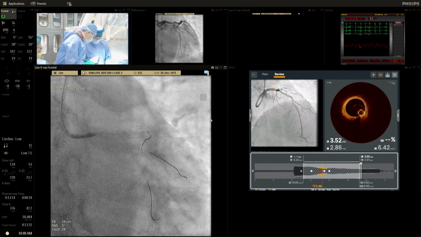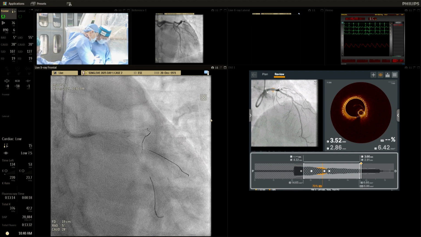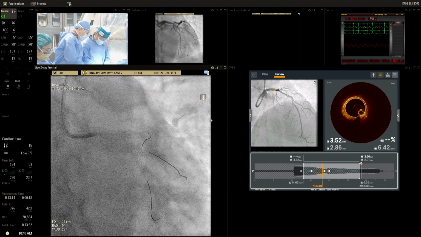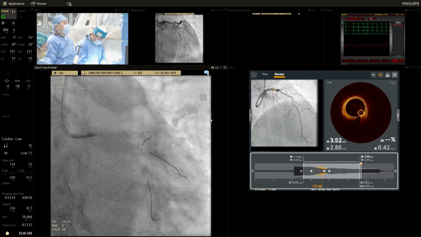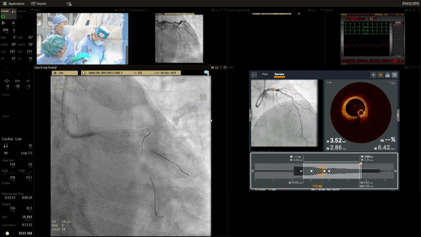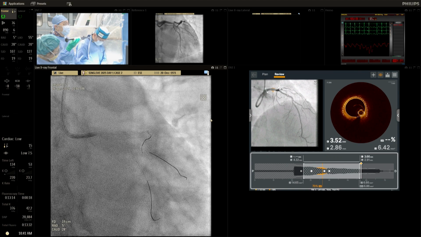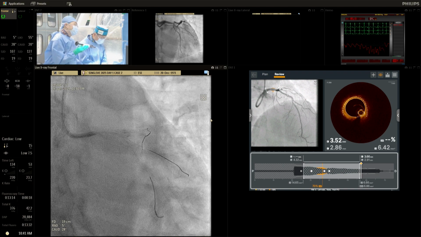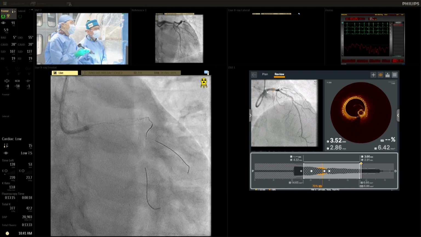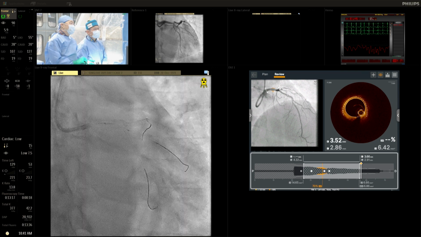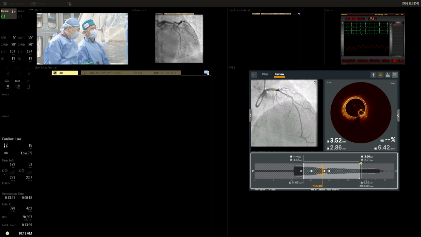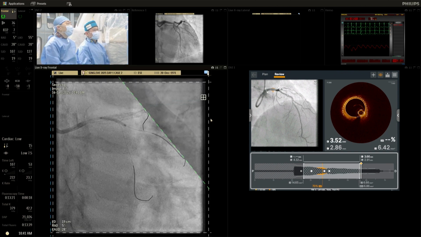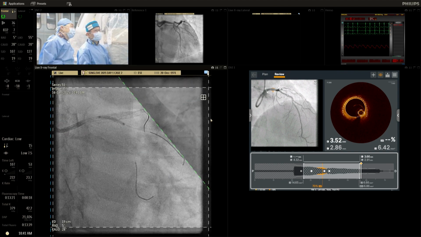This is 2.5. 2.0 first. Okay. Yeah, that's what we're using, the 2.0 balloon. Firstly, we have a 2.5, but it may be too big for the stent. 14. And then we use a 4.0.